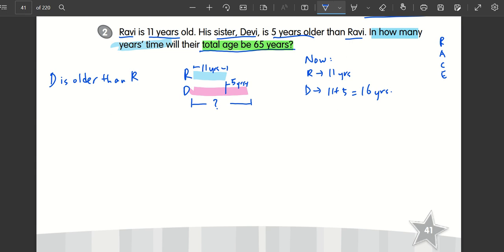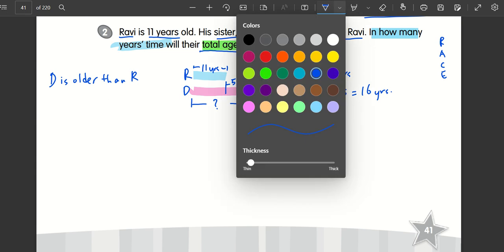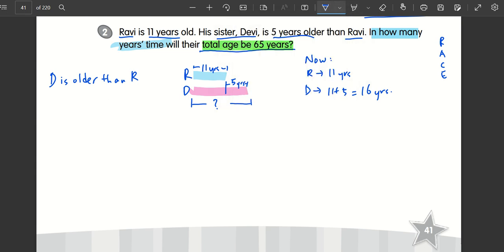So the first thing you have to understand is Ravi is 11 and Devi is 16. So we focus on the question: in how many years' time? It could be done with a guess and check.